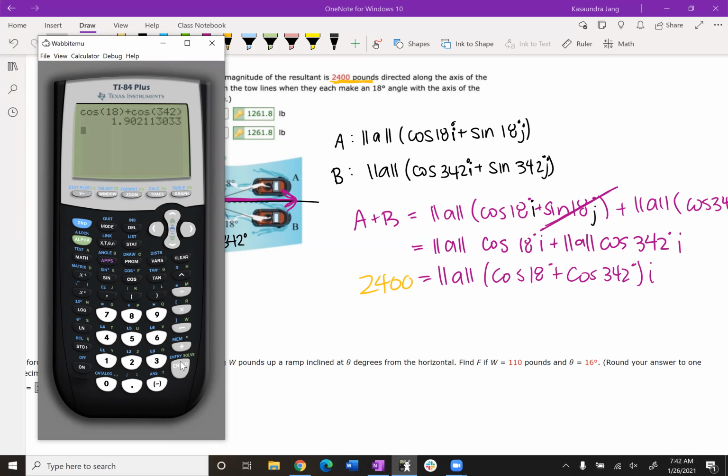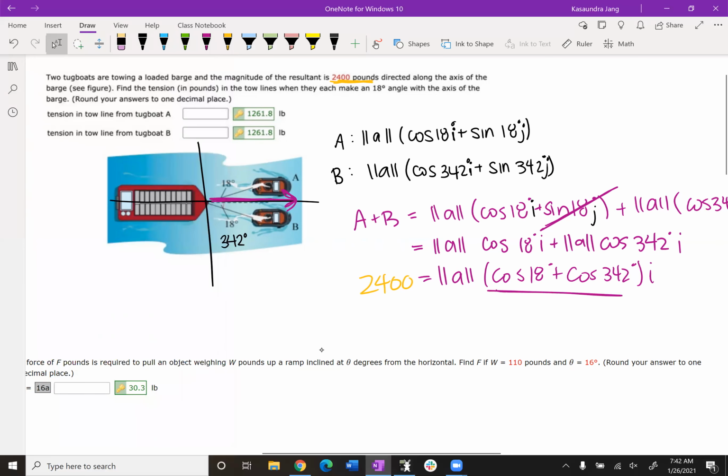All right, there's my messy decimal, but all this is multiplied by my magnitude, which is what I'm trying to solve for. So I'm going to divide that incredibly messy number, which looks like 1.90, but I'm going to keep that whole thing in my calculator. I'm going to divide that over and get my magnitude.